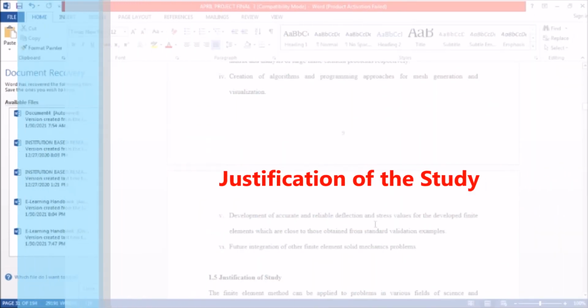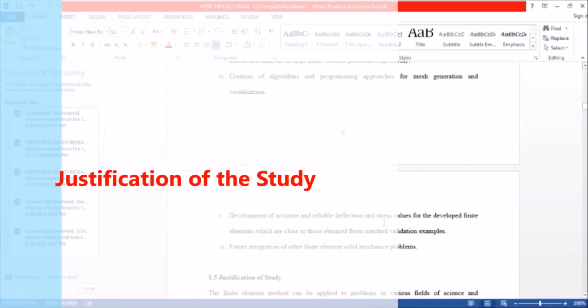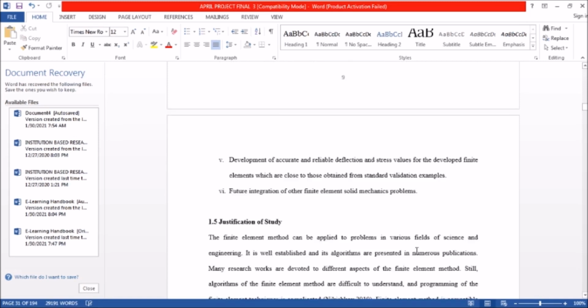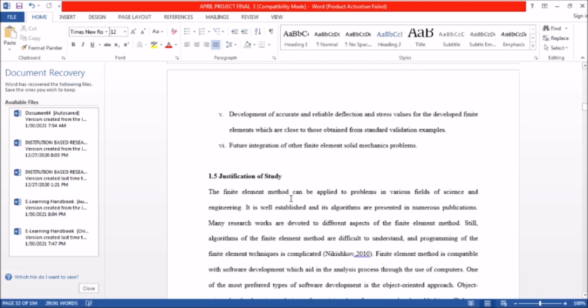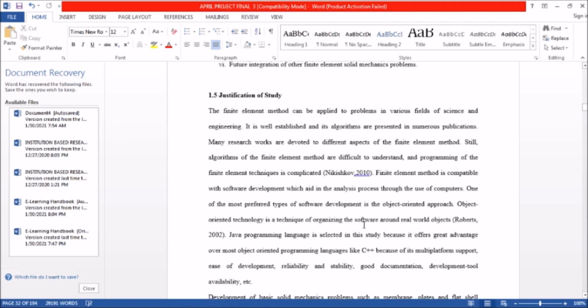So when we talk about justification, a project must have justification, because you will have to provide proof to convince people that your project is going to solve a problem. If your project cannot solve a problem, there is no need of investing time and money into it, because every project must be justifiable.